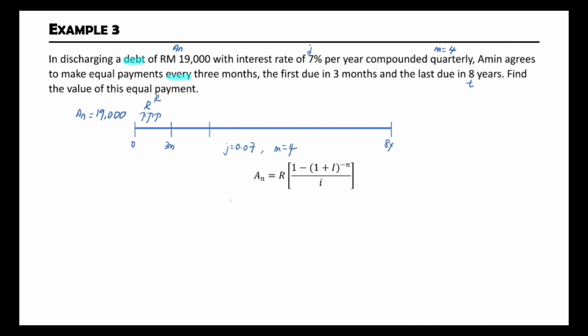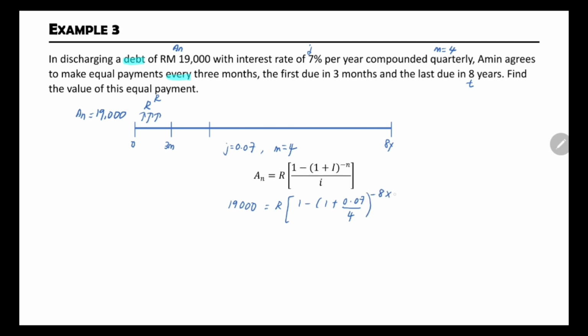So A_n equals R times (1 minus (1 plus i) to the power of negative n) over i. A_n is 19,000, the amount of debt. R is what we're looking for. 1 minus (1 plus i), where i is 0.07 divided by 4, j over m.